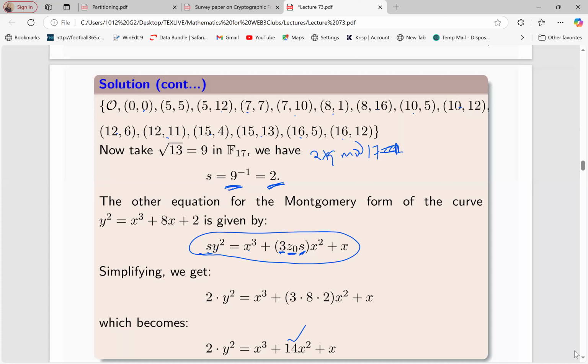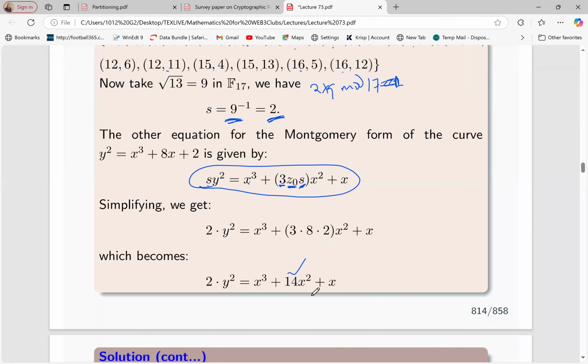Now, if you want to get the points for this curve, again, you multiply through by the inverse of 2, which we still have here. The inverse of 2 is just 9. So you multiply the whole equation by 9, and this gives you y squared is 9x cubed. 9 times 14, and 14 is negative 3, so that's negative 27.